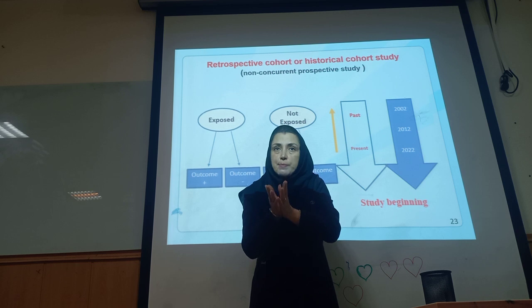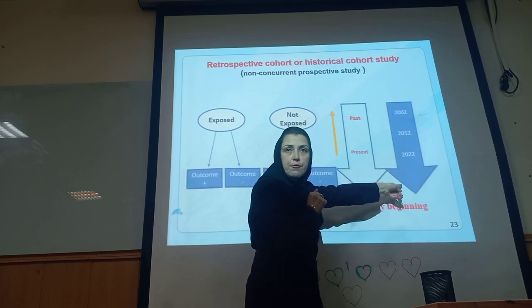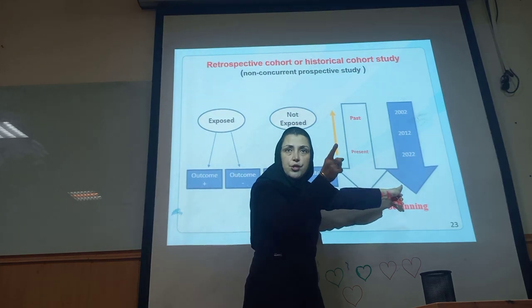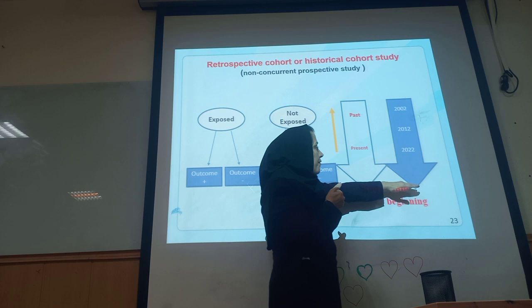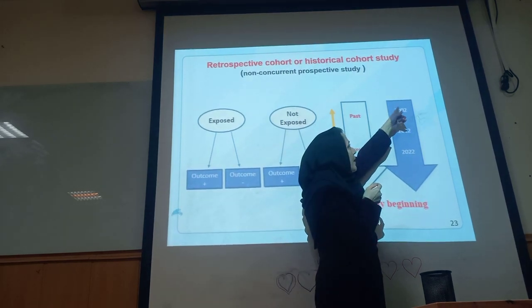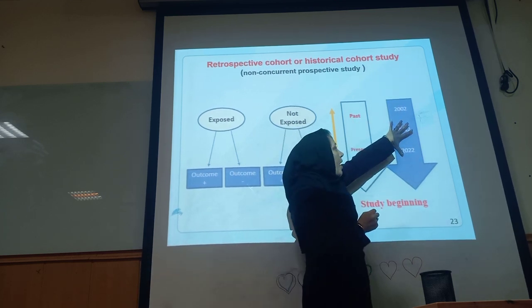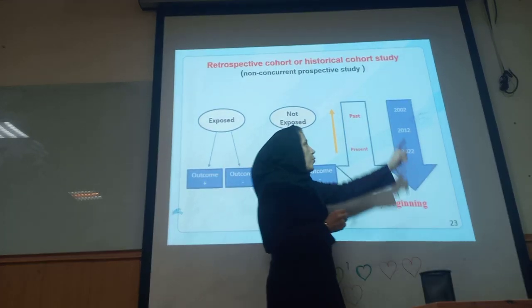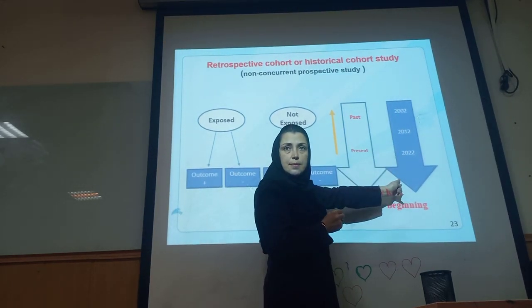In prospective, we are here and we follow them for the future 20 years. In retrospective, we are here and the lists are available related to 20 years ago. So we have time between exposure and disease.